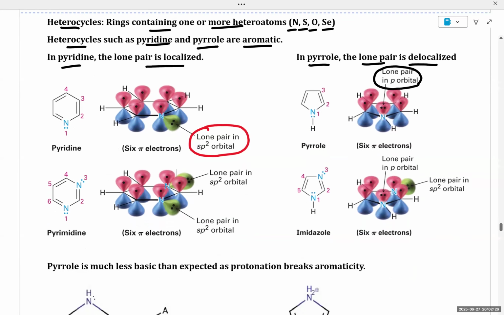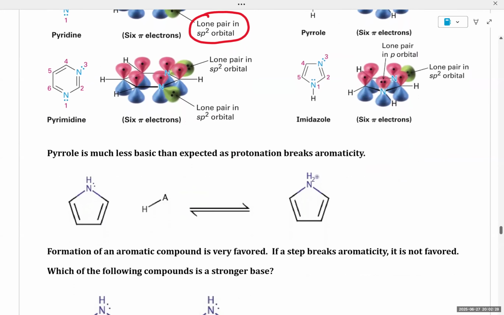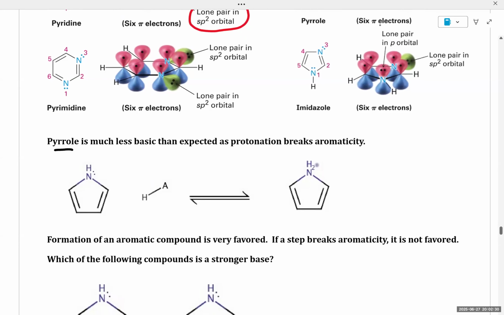This is important. Part of the reason why pyrrole is much less basic than expected is because protonation breaks aromaticity. You have an aromatic base, and this compound is not aromatic, because when you protonate, you no longer have 6 pi electrons fully conjugated.